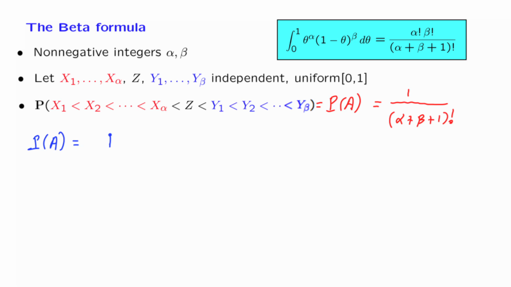We're going to calculate the conditional probability of A given that z takes a specific value, and then weigh those probabilities according to the probability density of the random variable z. So this is just the total probability theorem applied to this particular context. And now to make progress, what we will need to do is to find this conditional probability.